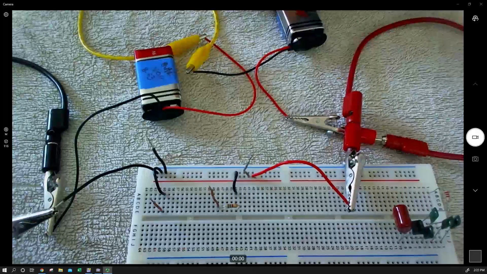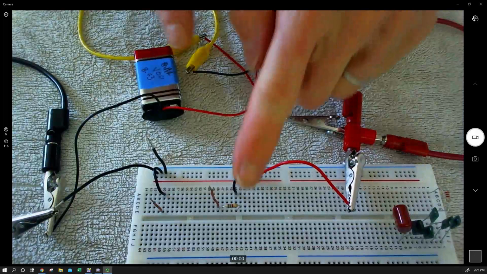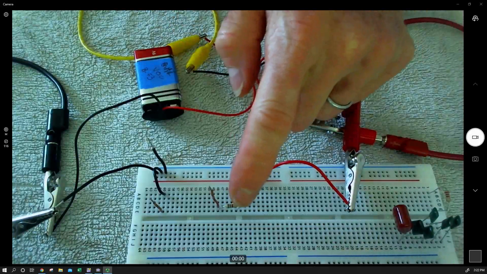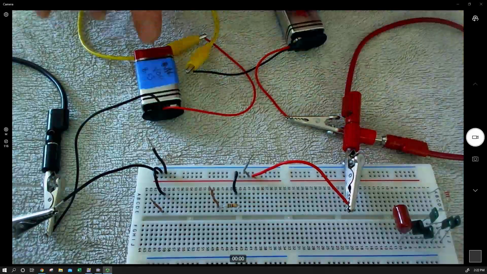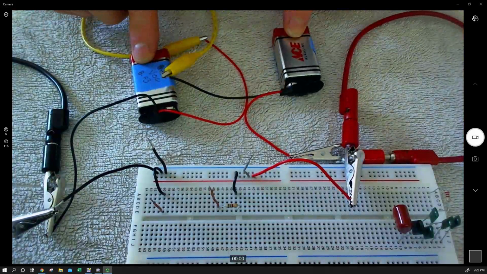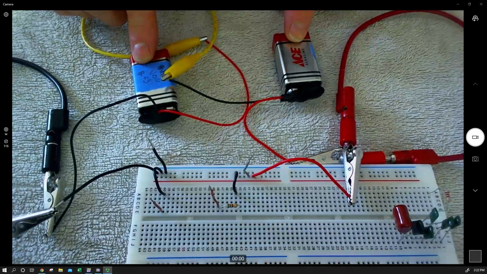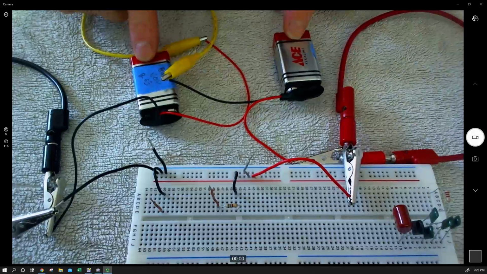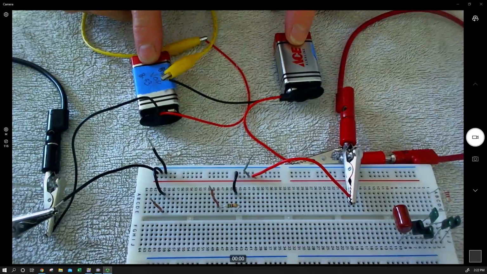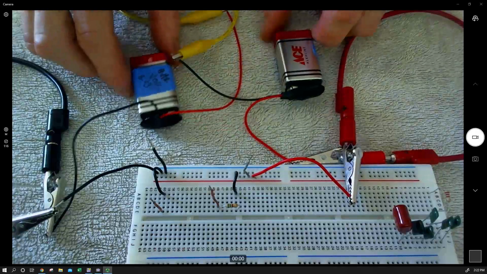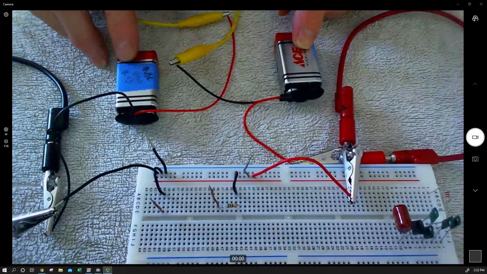So what we've demonstrated is if we have a high impedance or a high resistance circuit, the impact of the source is less important with respect to current supply capabilities. If we put our sources in series, the voltages add. We get the same current that we would get from either one, but we'll be driving our circuit with a higher voltage.